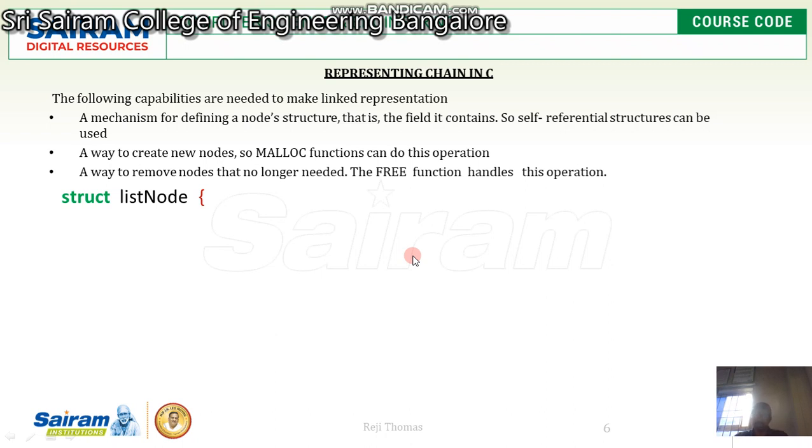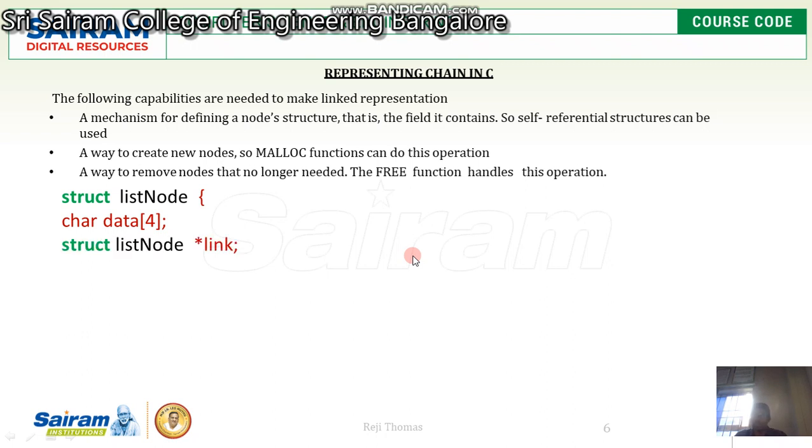We have seen that. As you can see, we have taken a structure called list node, and normally we take a data part, where we are going to store the data. If we store characters, we can take an array of characters.